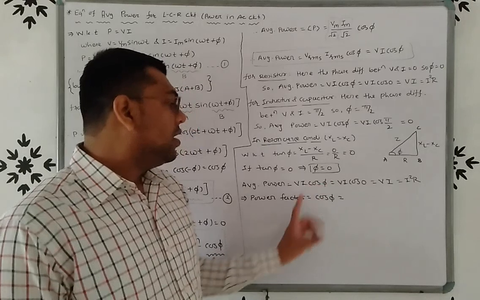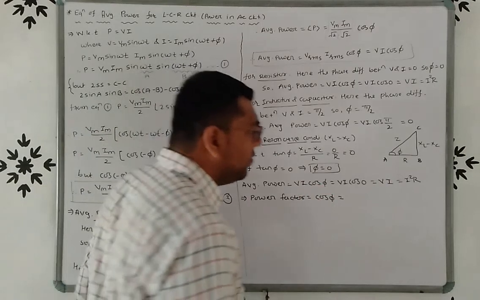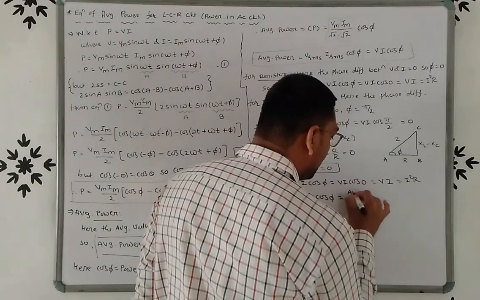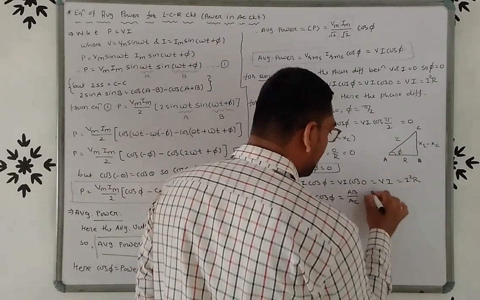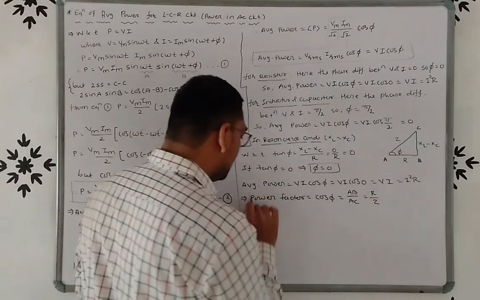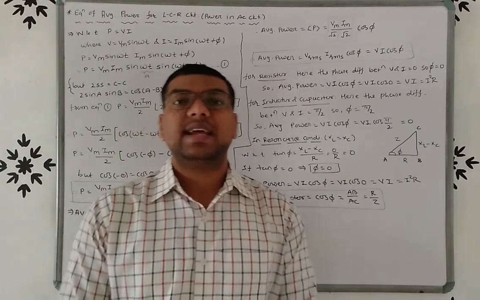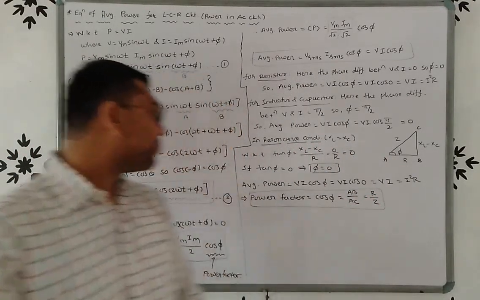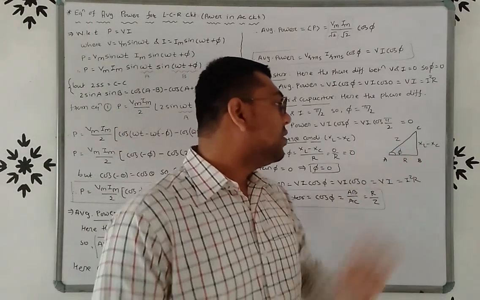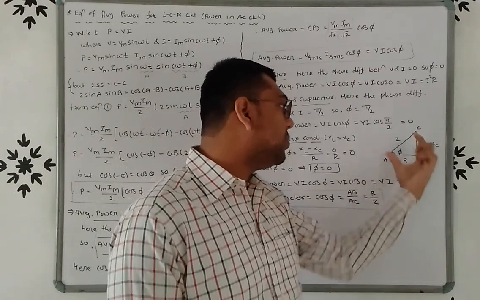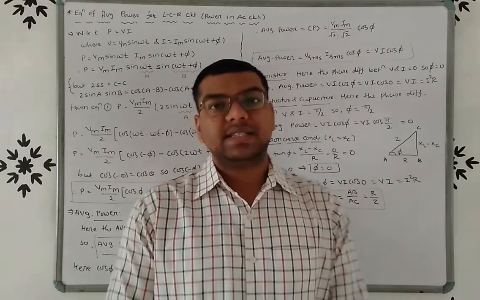If we want to write the formula of cos phi, then we know that cos phi is equal to AB upon AC, which is equal to R by Z, right? So the formula of power factor is equal to R by Z. Power factor is equal to cos phi, and from this figure we can write cos phi is equal to AB upon AC. So the formula of cos phi is equal to R by Z, right?